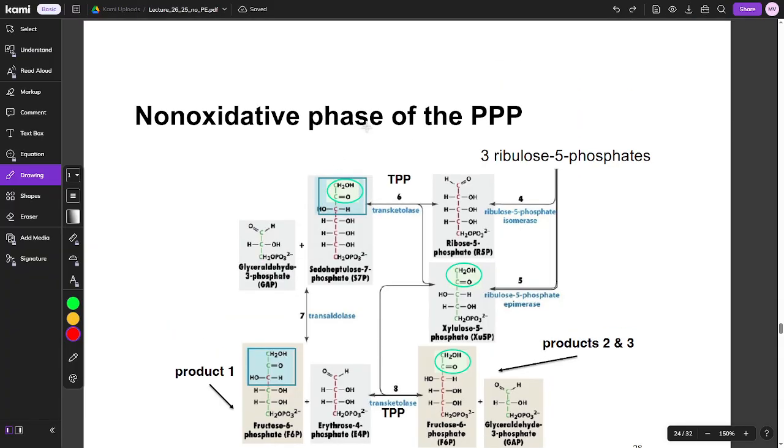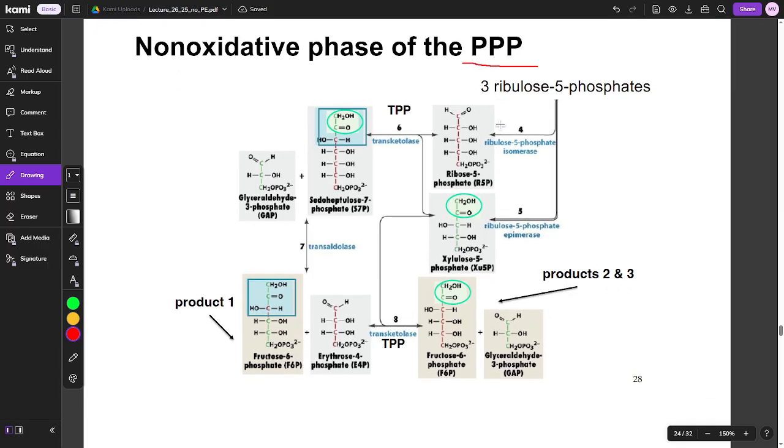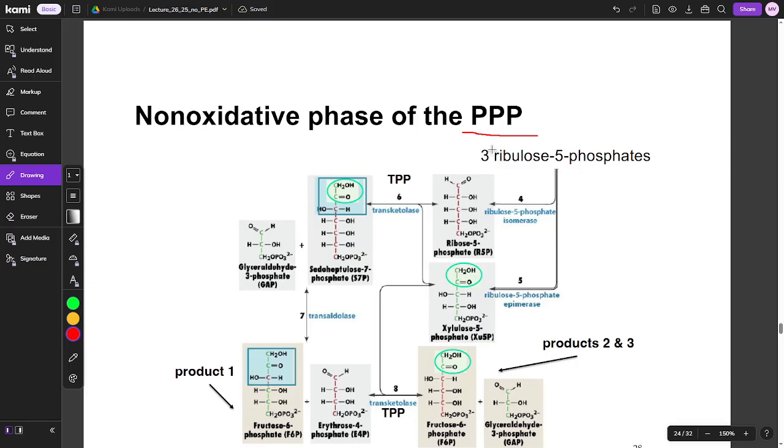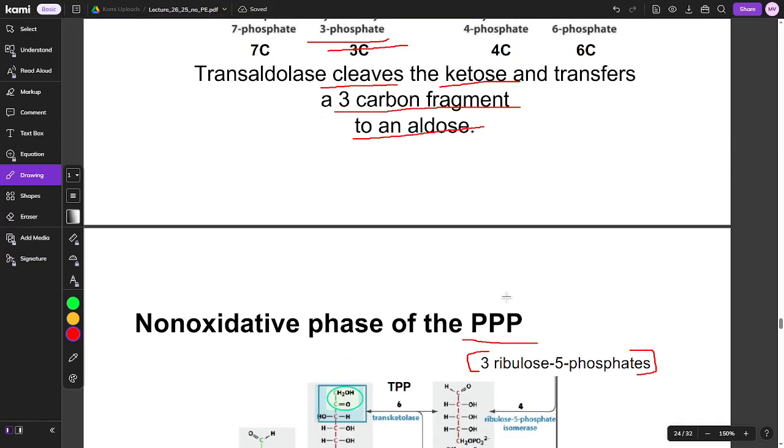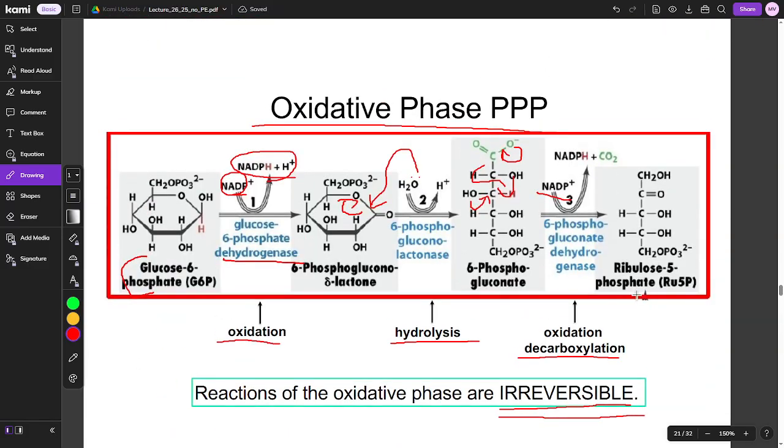Looking at the non-oxidative phase of the pentose phosphate pathway, we have another carbon shuffle, essentially. This one's a little bit more simple, I think, to grasp. You're going to make your ribulose 5-phosphate from the pentose phosphate pathway.